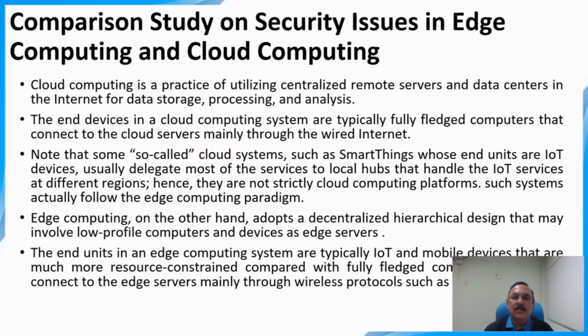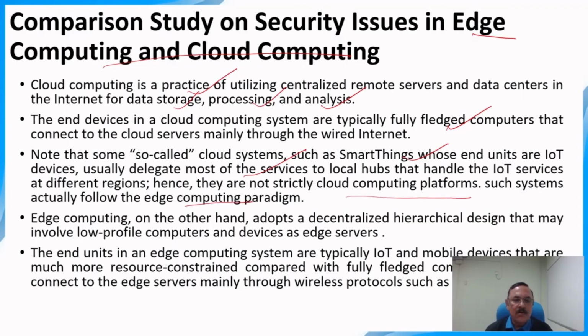Now, comparison study on the security issues in the edge computing and the cloud computing. So, cloud is a practice of utilizing centralized remote servers and data centers on the internet for storage, processing and analysis. The end devices in the cloud are fully fledged computer systems connected to the cloud servers. Note that cloud systems such as SmartThings and IoT devices usually delegate most of the services to local hubs that can handle IoT, as they are not strictly the cloud.